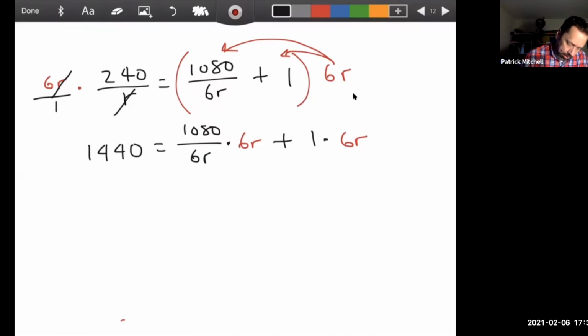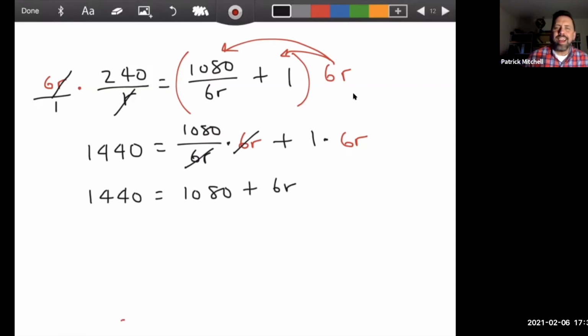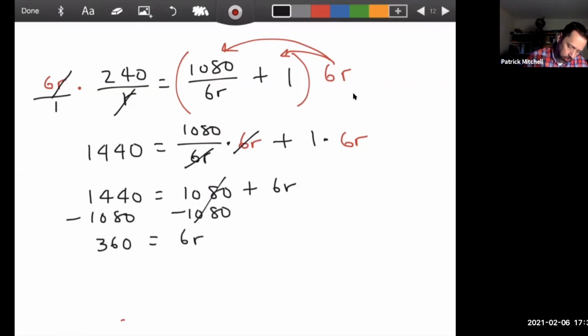All right, so these 6r's are going to cancel, and that's going to leave us 1440 equals 1080 plus 6r. We'll subtract 1080 from both sides. Leaves us 360 equals 6r, which means r is 60.